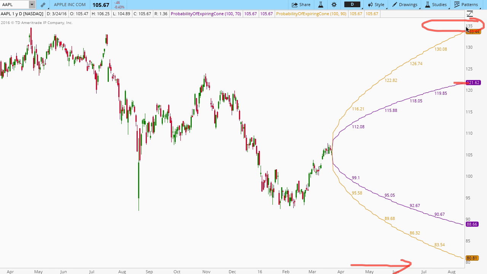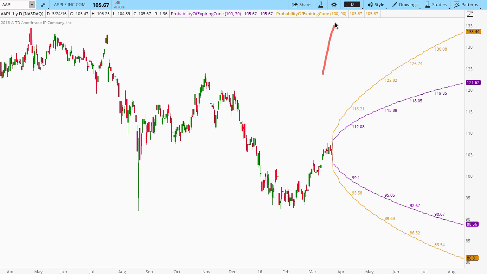So 135 seems like a real big stretch, meaning it's really never made a move that high. Does that mean that it can't? No, but has it historically ever made a move that high, or consistently made a move that high over that given time period? Probably not, okay? So the likelihood of making that move is not that high.